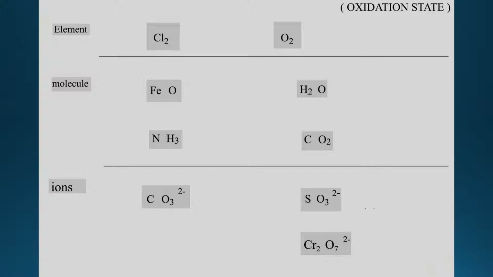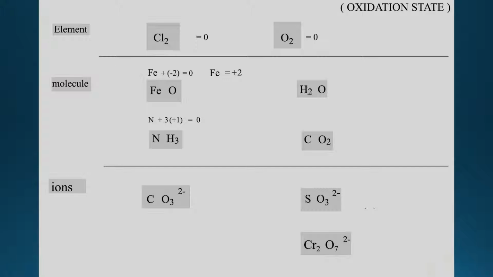Element: always 0. Molecule: remember, overall the molecule has no charge, so the sum should be 0. Like the first example, Fe plus oxygen. Oxygen -2 should make the total 0, so Fe is +2. Next one.